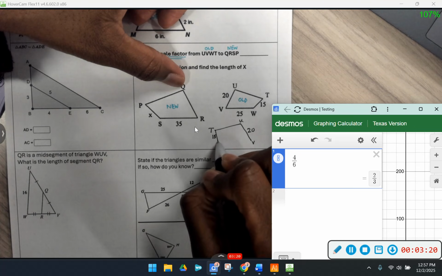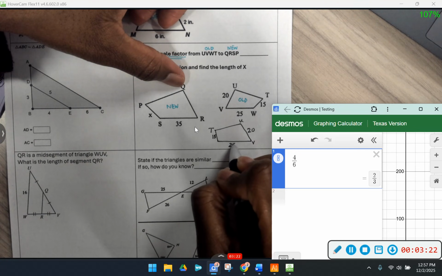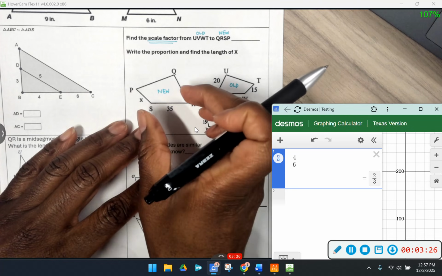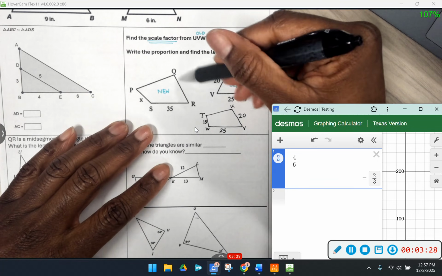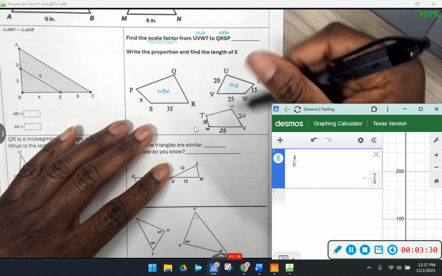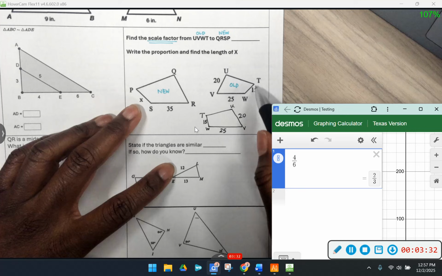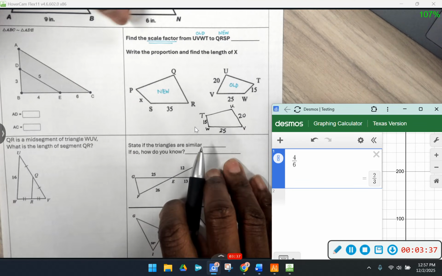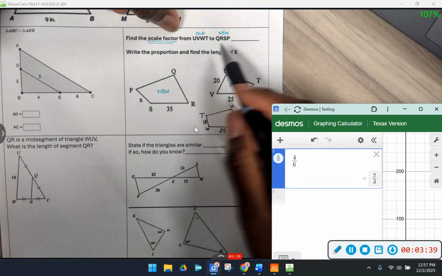I know that's not the best drawing, but then I have my 25 right here. I want the two shapes to be facing the same way, because QR lines up with 20, and PS lines up with this side, which I flipped over here, which is 15.